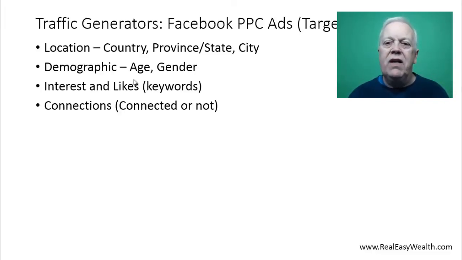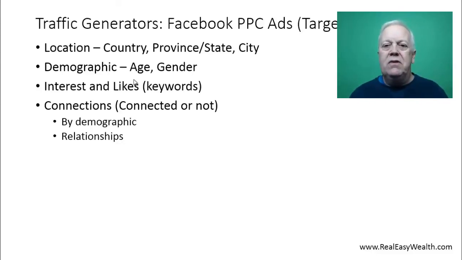So if this is a very pointed promotion that I'm doing within Facebook, I can target them specifically, people that are already my friends, people that trust me, people that I already have a relationship with. Or if it's me trying to go out and attract more people to become members of my Facebook community, I can attract people that are not connected. And again, I can do that by demographics, similar to what I did in the general ad.